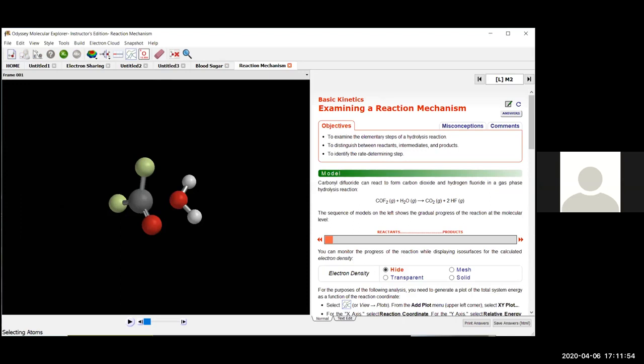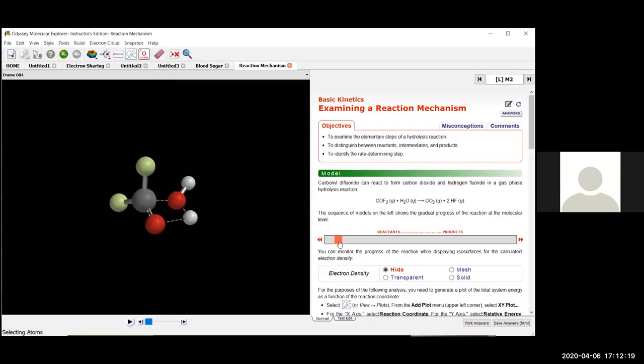So here's an example now, which is not a molecular dynamics simulation, but an animation based on high-level quantum chemistry calculations, using density functional theory and so on, for the hydrolysis of the fluorine equivalent of phosgene, COF2, carbonyl difluoride.